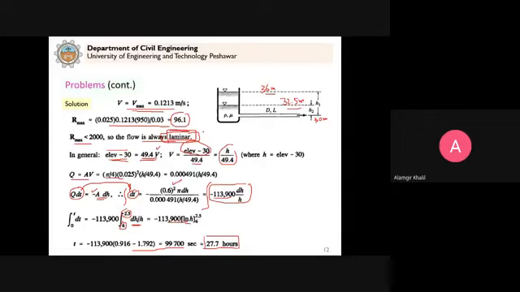Then you cannot say that if the flow is steady, it should be compressible or it should be incompressible. So that's why in the beginning I clarified this concept that don't try to mix things. It doesn't mean that if a flow is steady, the flow will always be laminar or it will always be turbulent.